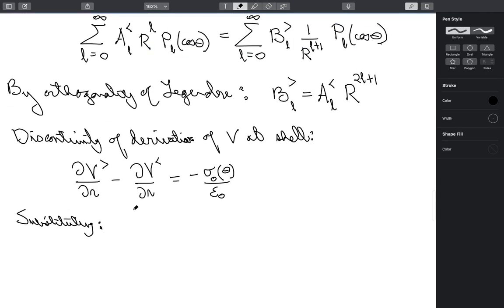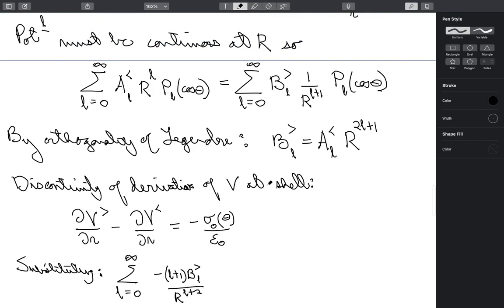So I just get a summation, L equal to 0 to infinity. The outer one gives me minus L plus 1 B outer L divided by big R to the L plus 2.